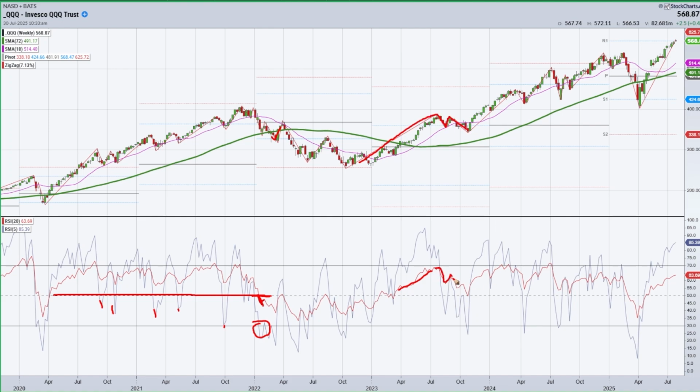The red, which is the RSI 20, actually held the 50 mark despite the fact that the RSI 5 got deeply oversold. All right, so we want to make sure we understand the difference between this oversold and this oversold. Once you do, you have a massive advantage over the average person using the RSI. All right, now once we know that the RSI 20 is actually below the 50 mark, now we can actually look for rallies in the RSI 5, above the 50 and above the 30 here as potential selling opportunities.